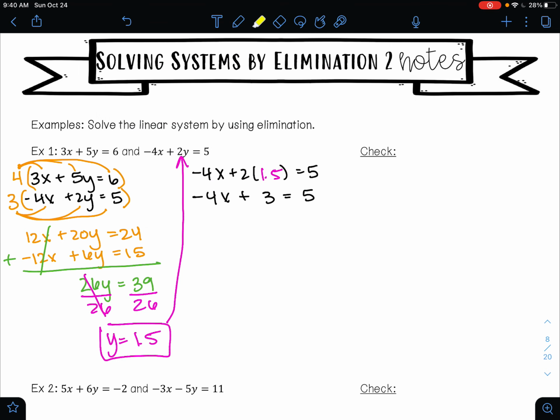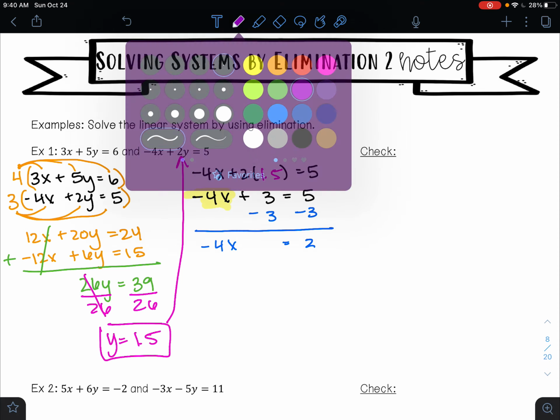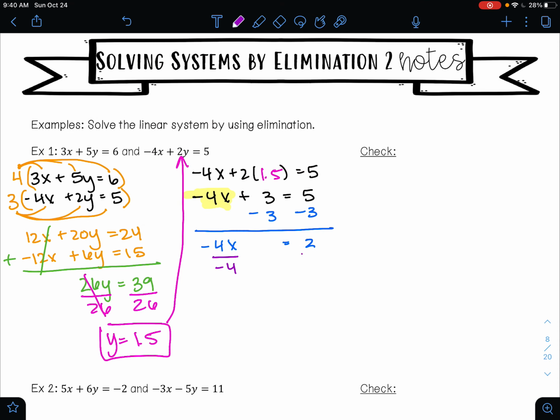I want to get negative 4x alone. To undo addition, I'll do subtraction. And so I'll have negative 4x equals 2. To undo multiplication, I'll do division. And I'll have x equals negative 0.5. So my solution is negative 0.5, positive 1.5.